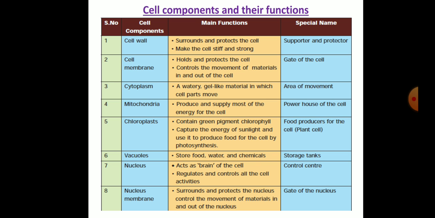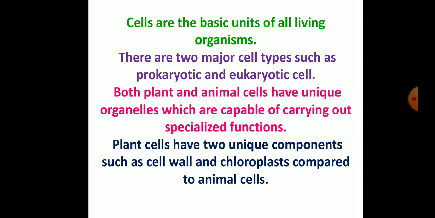The main function of nucleus is it acts as a brain of the cell, regulates and controls all the cell activities. The special name for nucleus is control center. And the last one is nuclear membrane. The main function of nuclear membrane is it surrounds and protects the nucleus, controls the movement of materials in and out of the nucleus. The special name for nuclear membrane is gate of the nucleus.